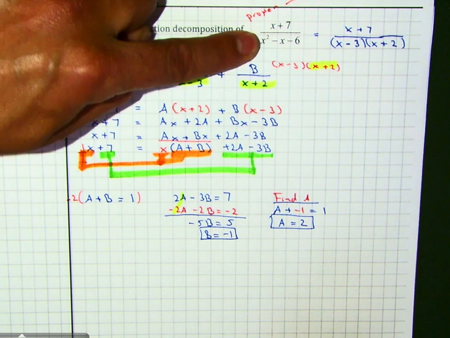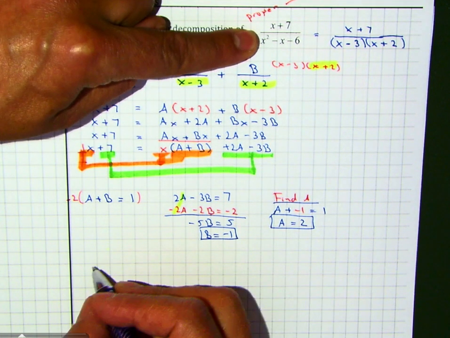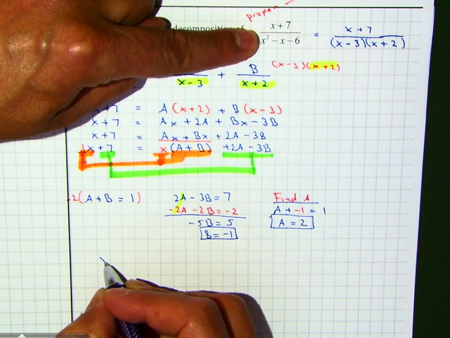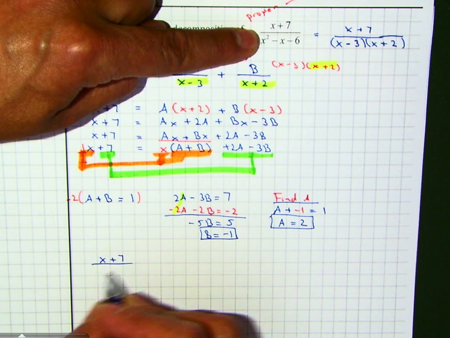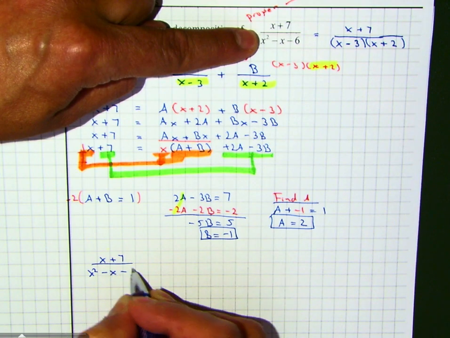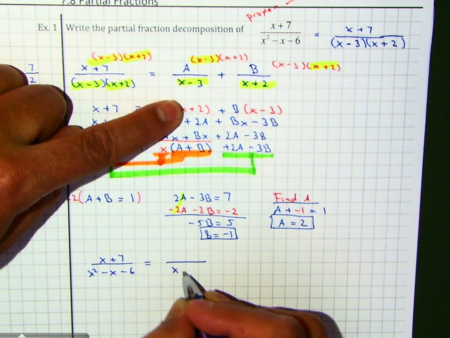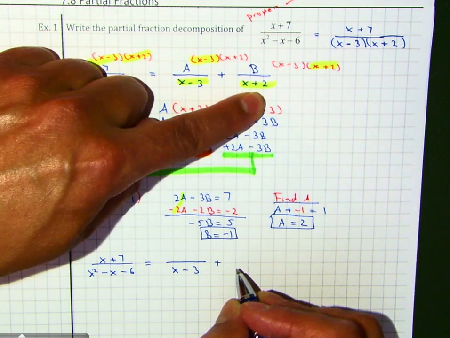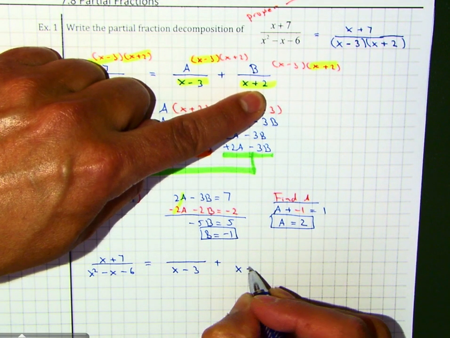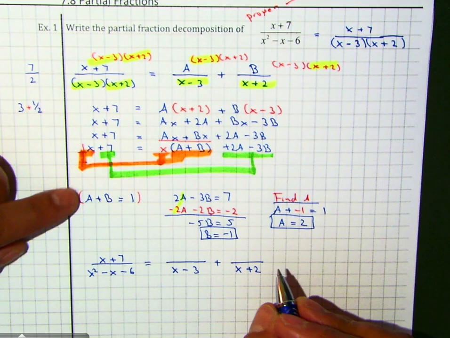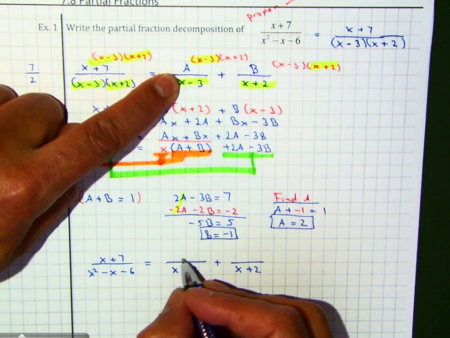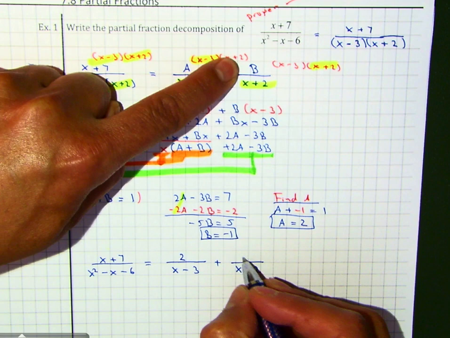I'm going to use this expression since this is what we started with, just to be able to show my final solution. So x plus 7 over x squared minus x minus 6 equals, my first is x minus 3. My second one is x plus 2. My a is 2. My b is -1.